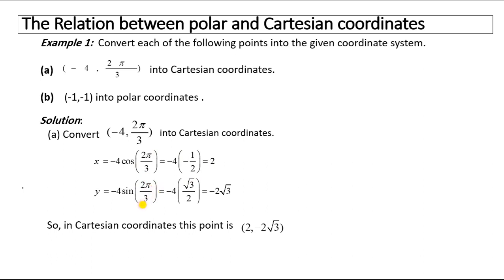Sine in the second quadrant is positive. I have minus 4 multiply by square root of 3 over 2 equal minus 2 square root of 3. This is the point in the Cartesian coordinate x, y.